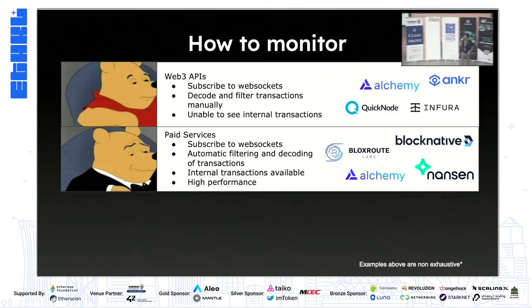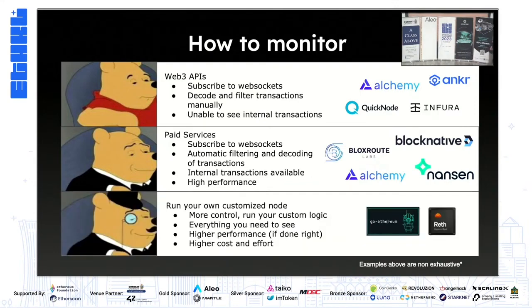But if this doesn't satisfy you, or maybe the service provider has terrible service, like sometimes it doesn't work, or it just misses something, or the latency is too high for you, you might want to try to run your own Ethereum node with some custom logic on top of it.